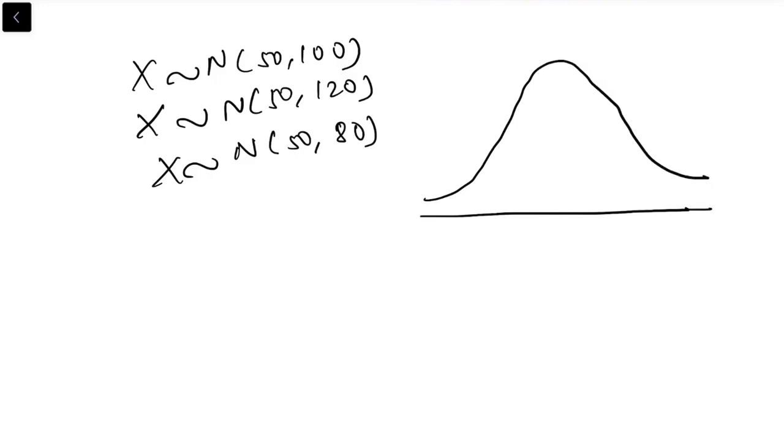Okay, then as we increase the variance, the curve will become flatter and flatter. Okay, so suppose this is 50 and the variance is 100. Then if we increase the variance to 120, then this will become more flat. Okay, let me draw this again.